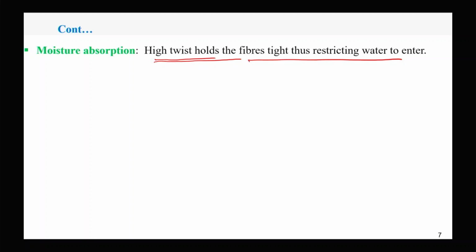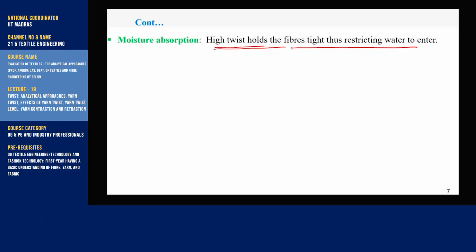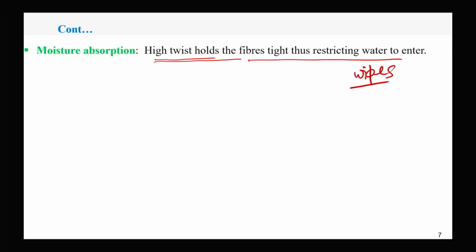There will be some applications where high moisture absorption is required, like wipes or some other absorbent material. If you want to produce absorbent fabric, we have to impart low twist. And on the other hand, if we want to produce waterproof type fabric, where water doesn't penetrate inside, we have to use high twisted yarn.